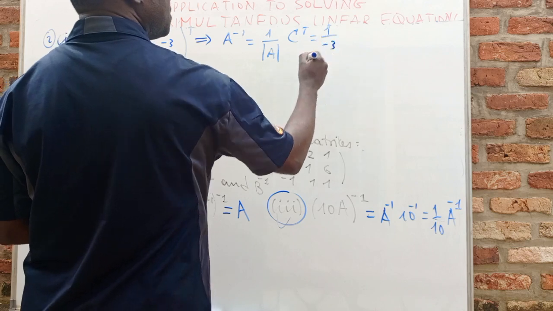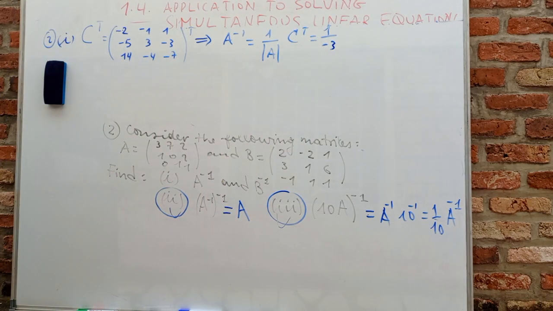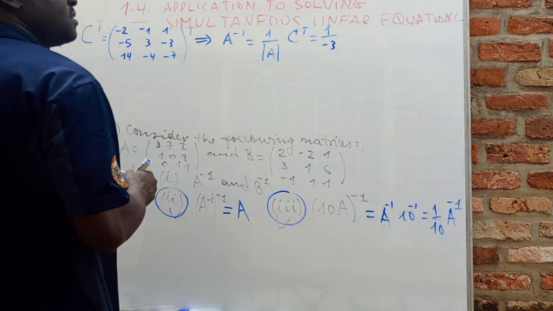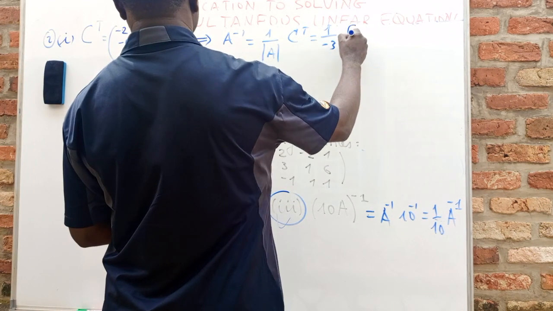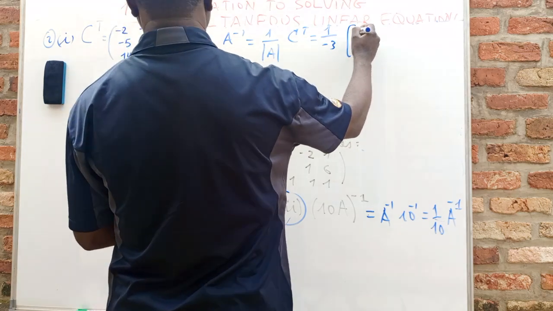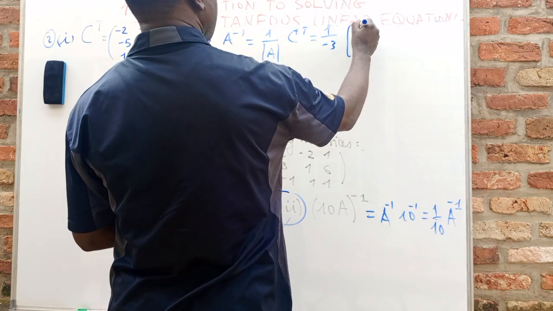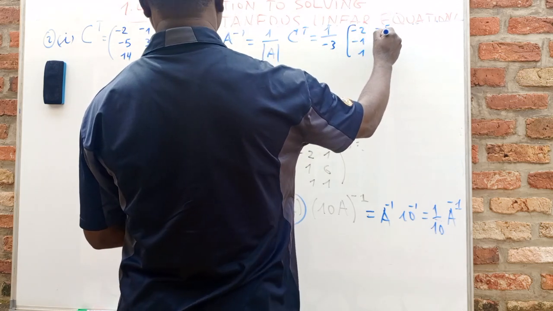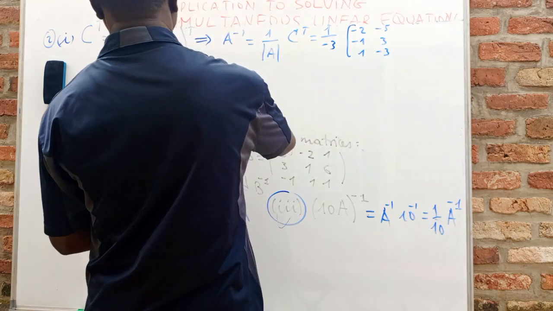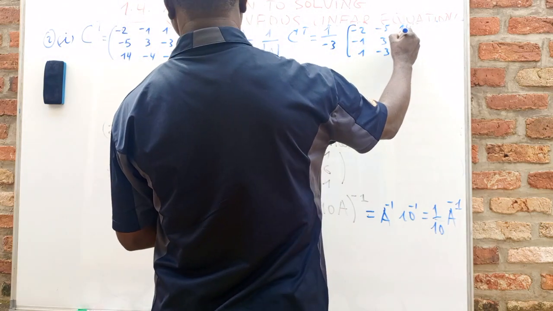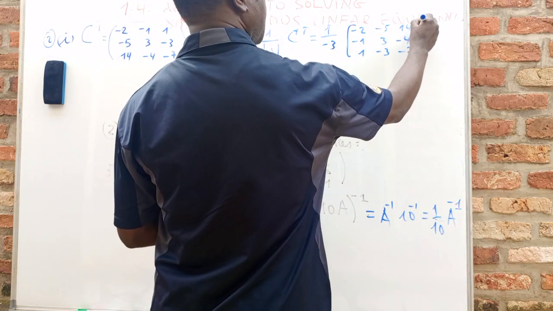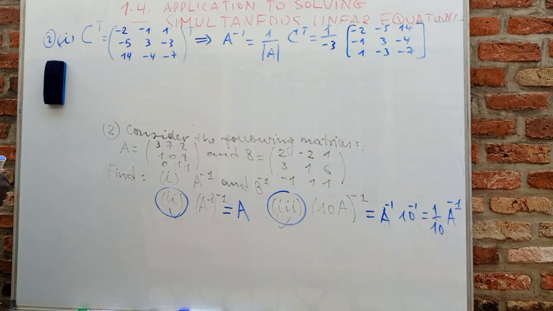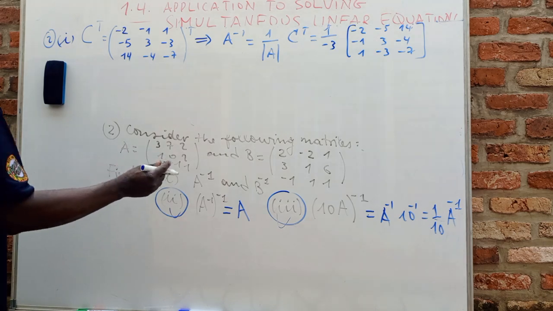No matter, I'm going to check if it is really negative 3. So now we have the transpose of this. First row becomes first column, second row becomes second column, third row becomes third column. Okay, so this is the inverse of matrix A.